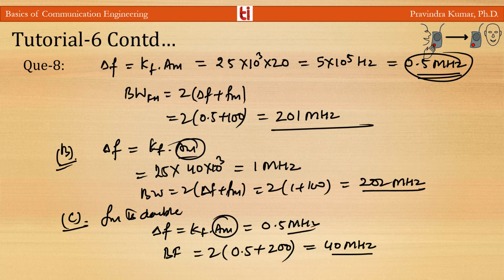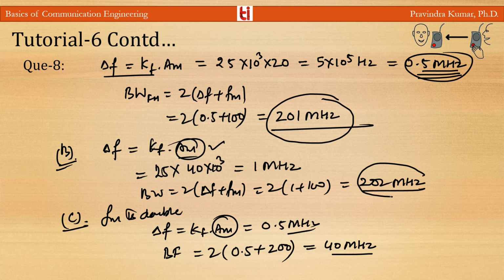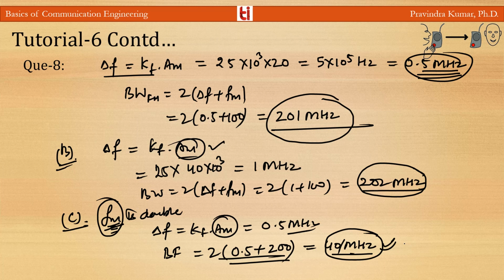So you can see in the normal case the deviation is 0.5 megahertz and the bandwidth is 201 megahertz. Now if I double the amplitude, there is a slight change, or you can say no change in the bandwidth of the signal. But if I double my modulating frequency fm, then you can see 401 megahertz, or you can say the bandwidth is also doubled.